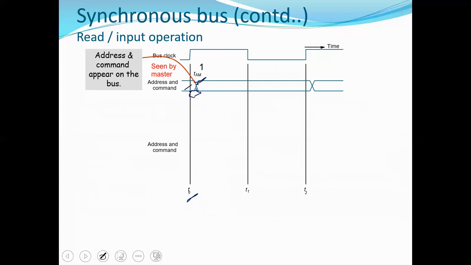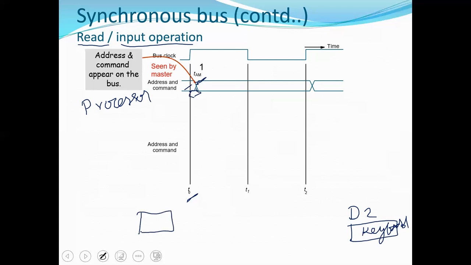Okay, now what we are seeing is the same read operation, that is, master wants to read the data from the device D2. As usual, master is the processor in our example, and here D2 device is the keyboard. We'll take this example.